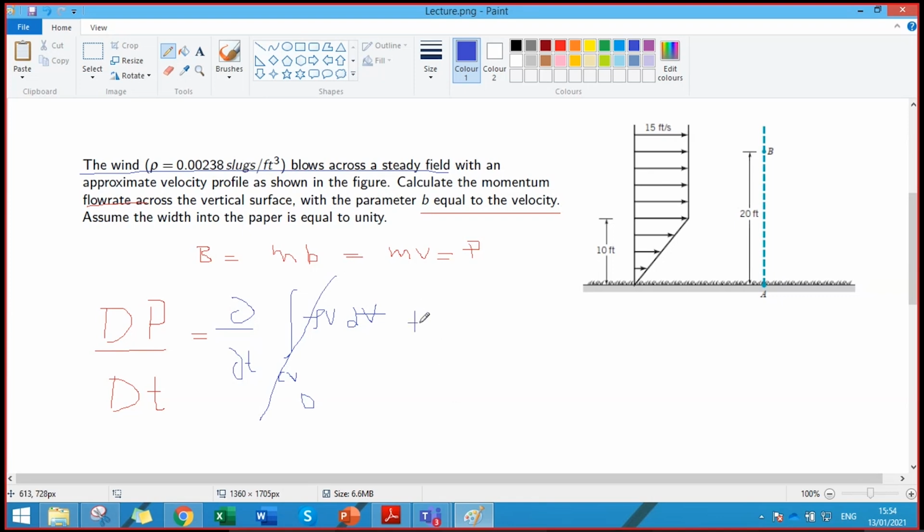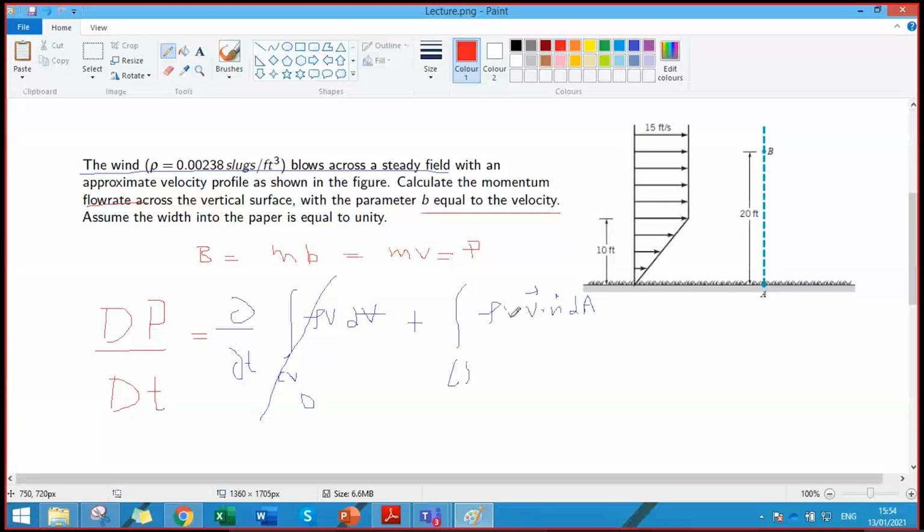Then we have the second term, that is the integral over the control surface of rho b v dot n dA, right? Here b is replaced by the velocity.